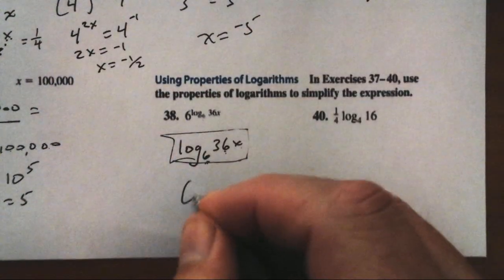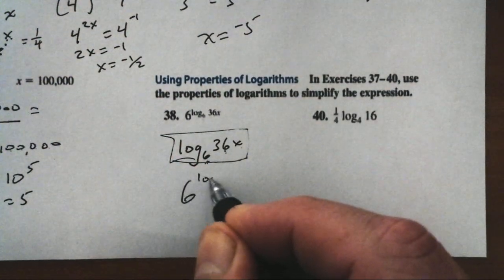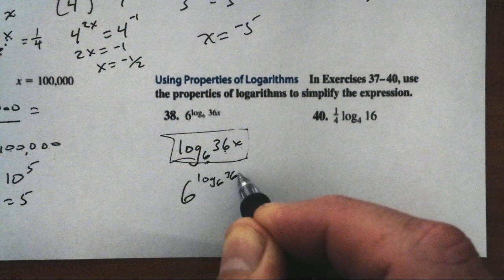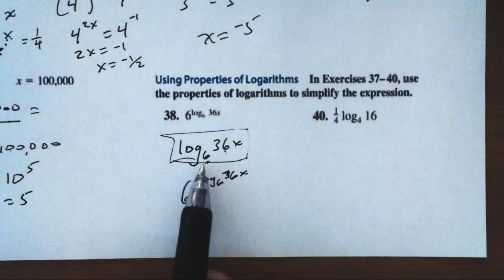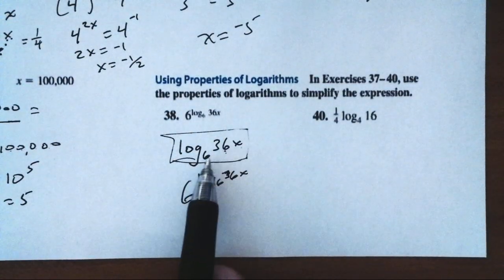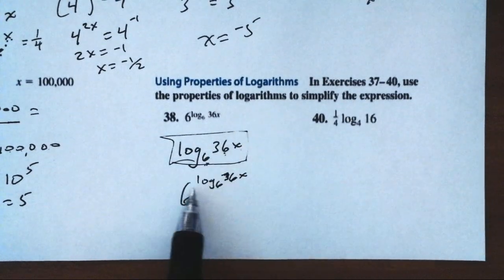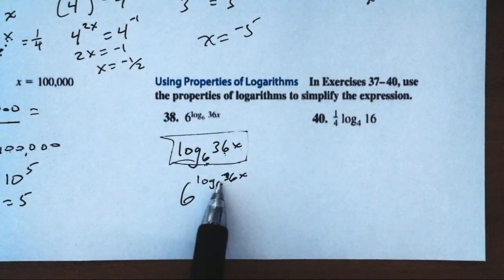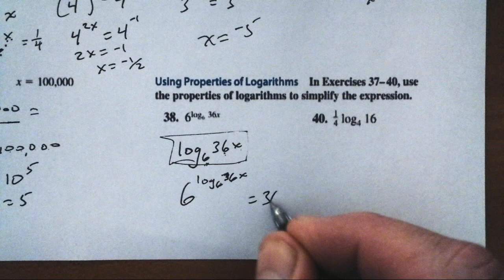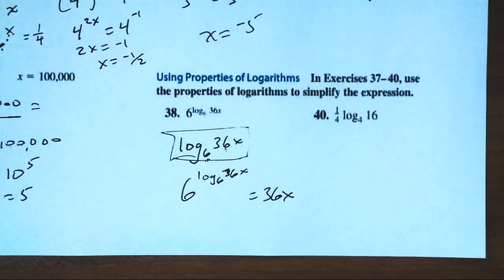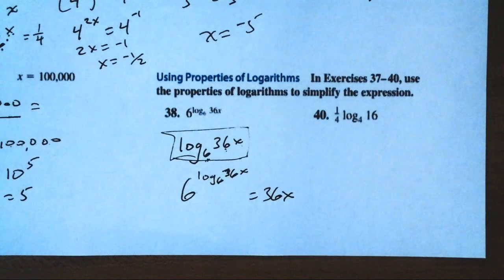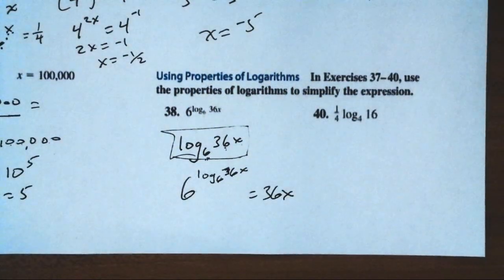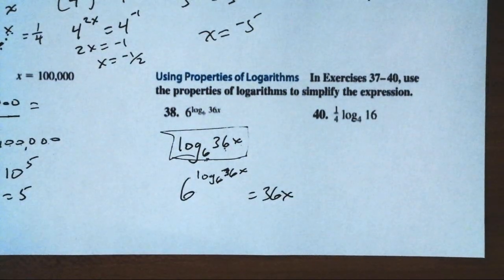Well, guess what that thing is? That thing is an exponent on 6. That's this guy's purpose. This is the exponent that works on 6's. And this thing is working on a 6. And what does it do? It turns it into 36x. That takes some marinating time for a lot of young math students, but we're certainly going to be talking about those problems quite a bit.